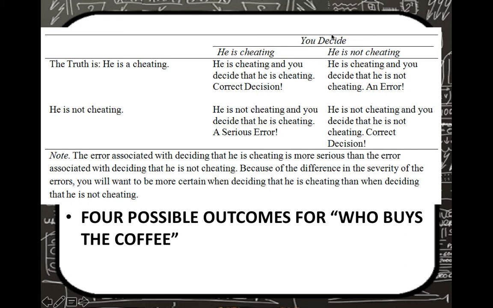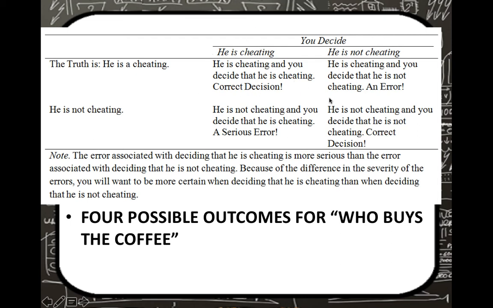Now at the top we have your decision of whether you decide he is or he isn't cheating. In the left column, you decide he is cheating. And in the right column, you decide, nah, he's not cheating, I've just been super unlucky. Right? So in this first cell, if he is cheating and you decide this guy's cheating, then you're correct. Versus down here in the bottom right cell, if he's not cheating and you decide he's not cheating, you're correct. Correct decision, right?